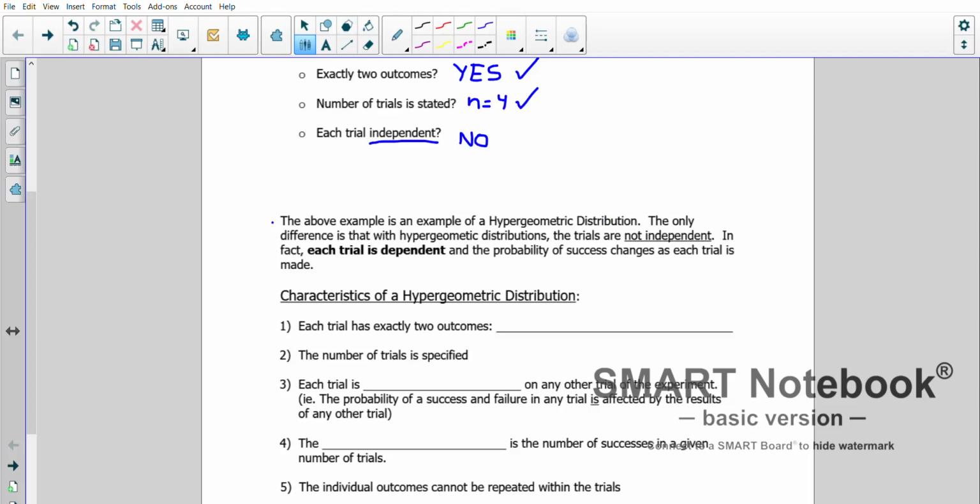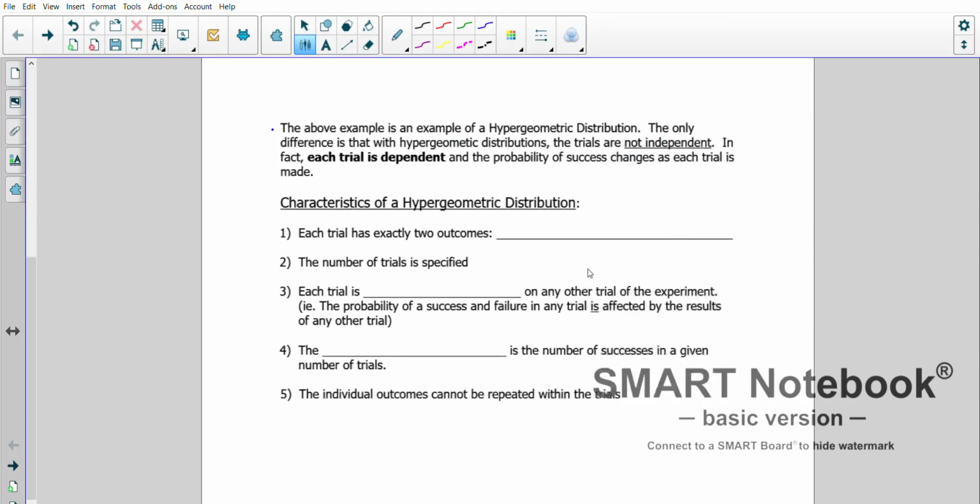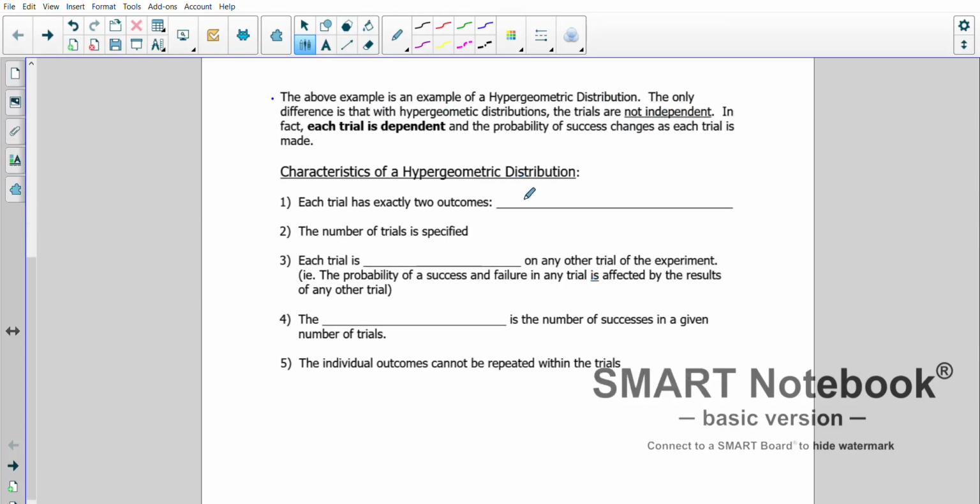Okay, so this is what I just stated. The only difference with hypergeometric is the trials are dependent. Each trial is dependent. So are there 2 outcomes? Yes. You're either going to have a success or failure. There's no in between.